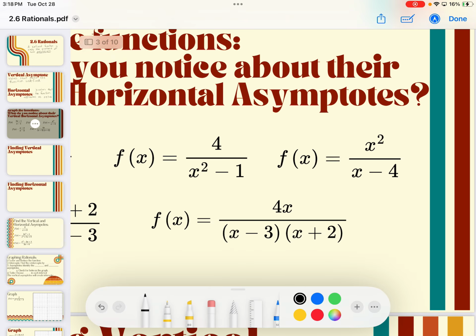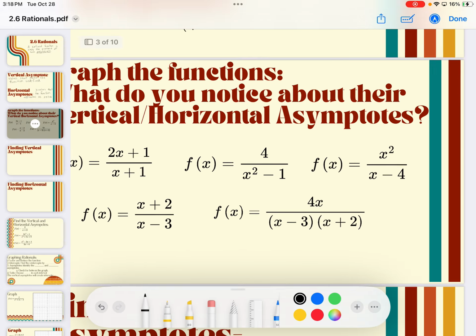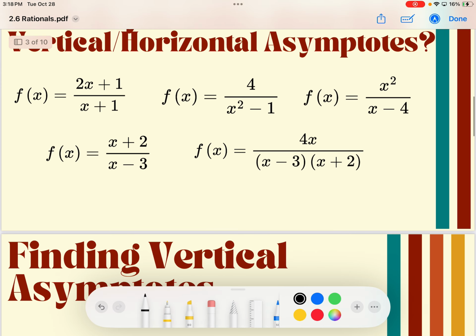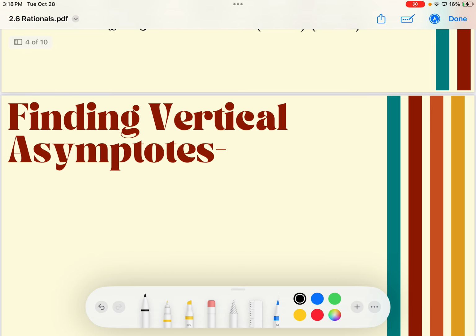So when we looked at all of these, we decided that our denominators are what looked like they were giving us our vertical asymptotes, which makes sense because if I have y equals f of x divided by g of x, what are we not allowed to have in the bottom? 0.